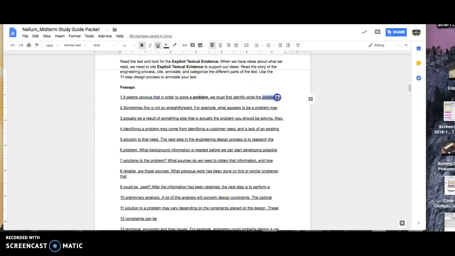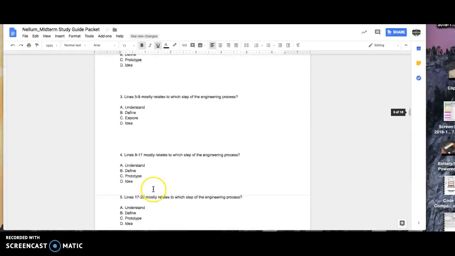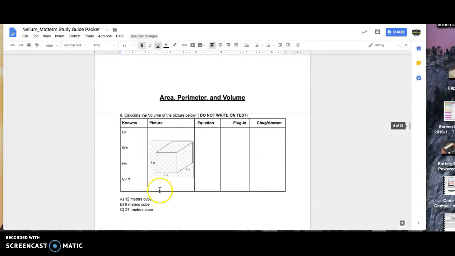So that's that word problem again. Sometimes this is not straightforward. For example, what appears to be a problem. So you're looking for clues and key ideas, and once you summarize all those key ideas, make a conclusion, and then answer the questions.